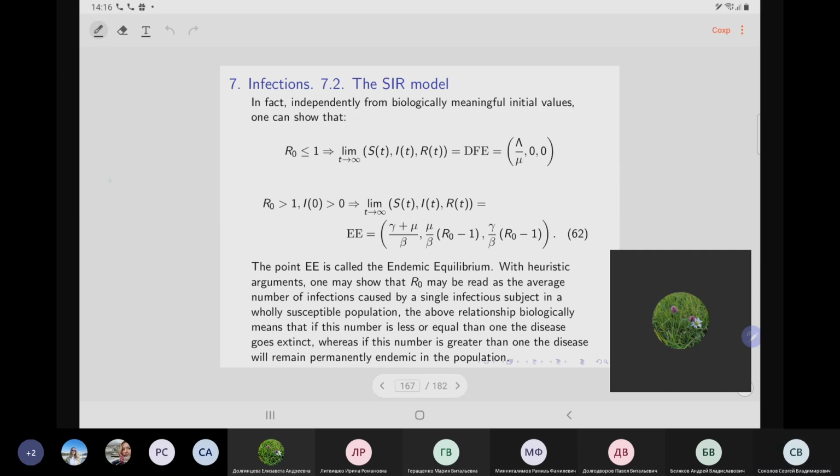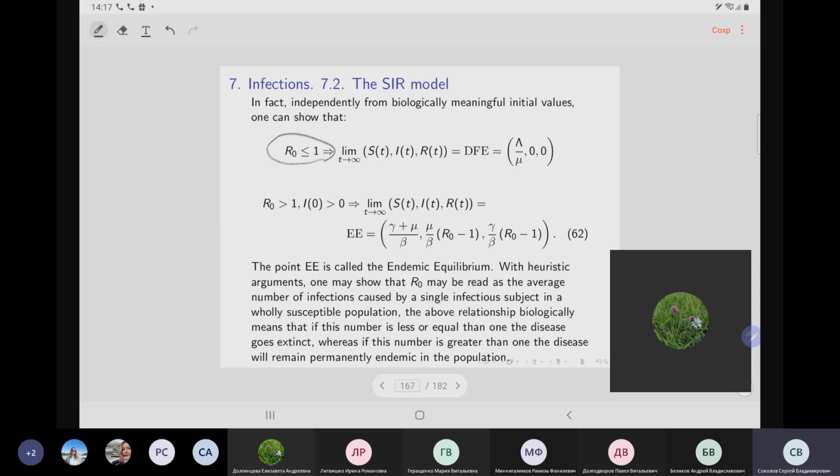And for this case, we can see that if our R0 is small enough, then our model is going to the disease-free equilibrium.